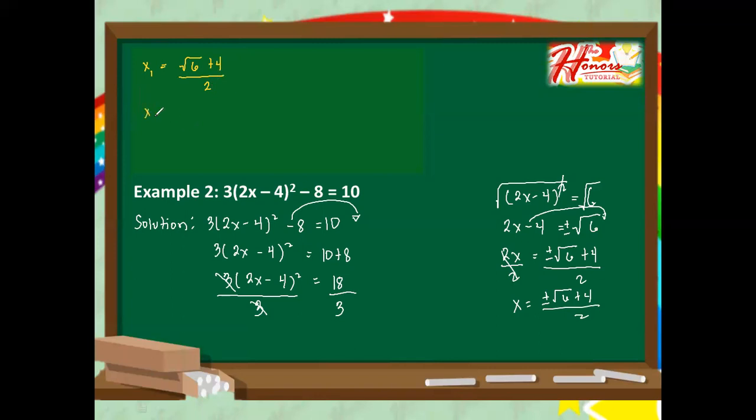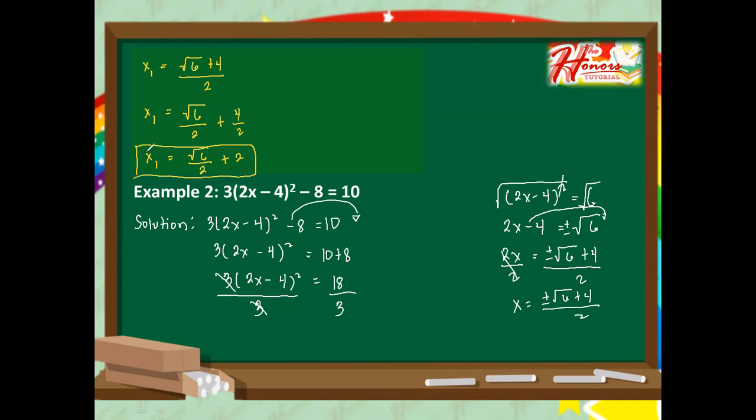Then let's expand. X sub 1 is equal to square root of 6 over 2 plus 4 over 2. Next, solve. X sub 1 is equal to square root of 6 over 2 plus 4 divided by 2, that's 2. So plus 2. So this is the first value of your x sub 1.